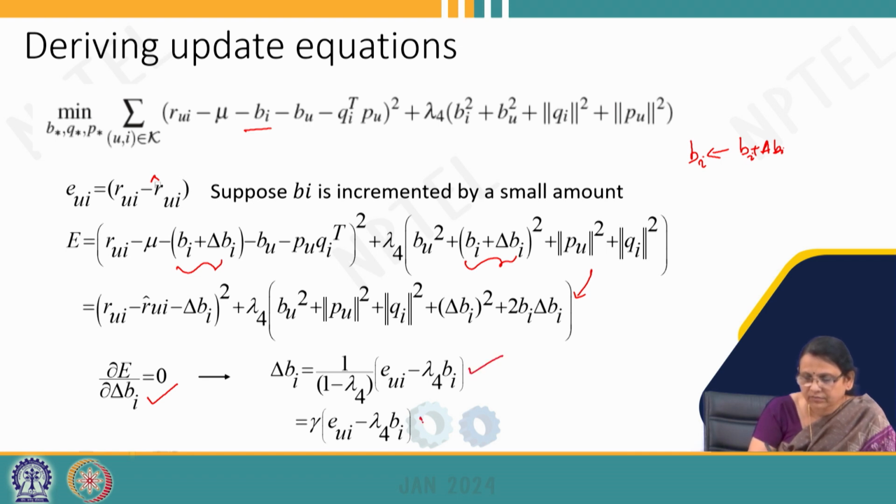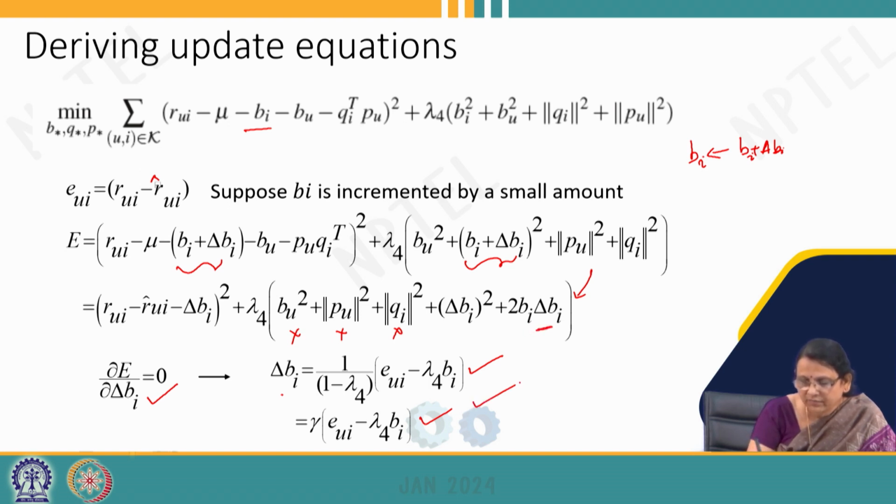So, this simplification, because we are taking it with respect to delta Bi, rest of the terms are assumed to be constant. So, naturally derivative with respect to them will become 0. So, automatically this is gone, Bu is gone, only this Bi will remain because delta Bi is getting multiplied here.